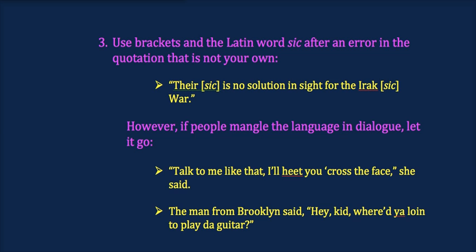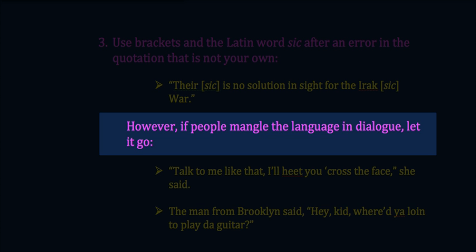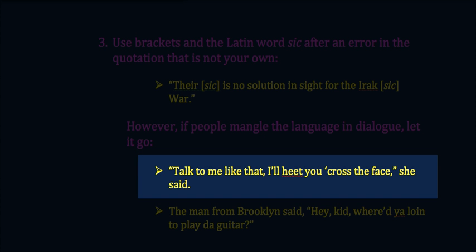Just keep this in mind, though. If you are quoting a dialogue, people are always mangling language and they have their own slang in there. No, you don't want to use sic in that case. For example, "Talk to me like that, I'll hit you across the face," she said. Don't put sic in after "hit." That's just how it was used, right?